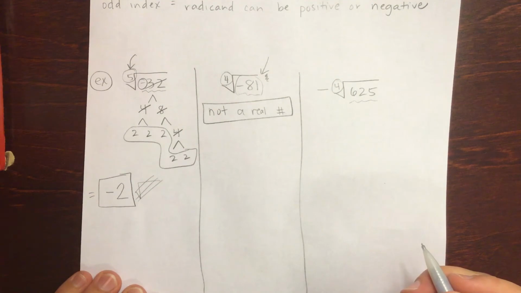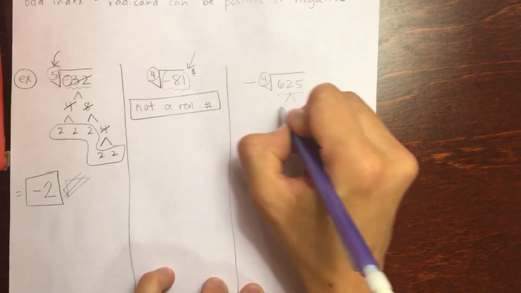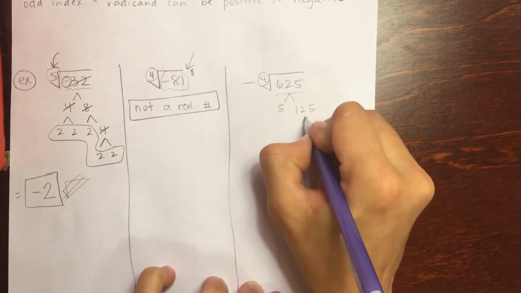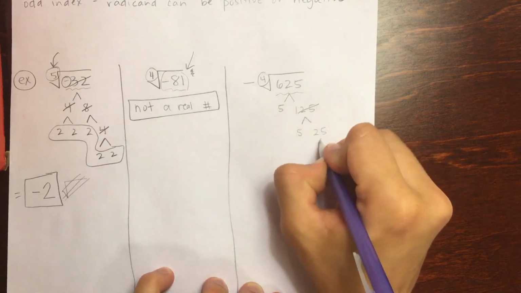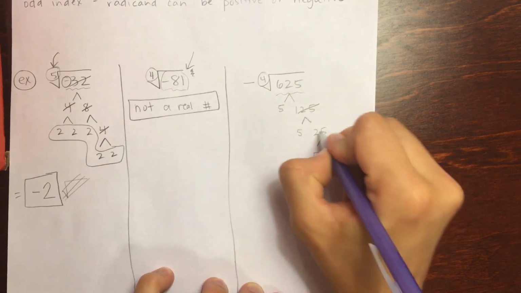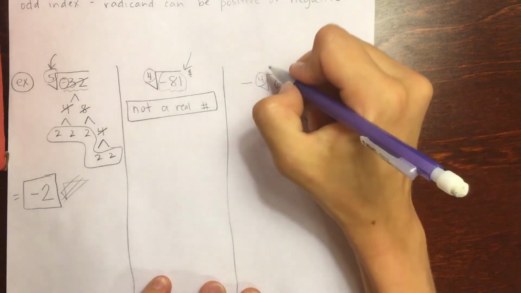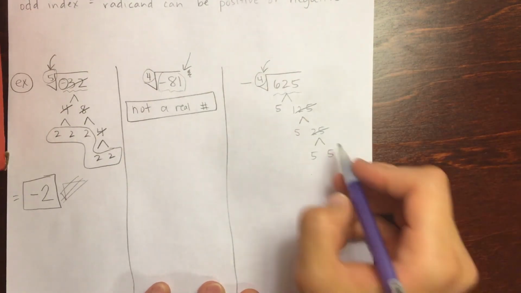That's it. For the last example, 625, I break it down, I can pull out a 5, another 5, another 5. No matter what you started with, it breaks down into 4 5's. Well, my index here is 4, so you need 4 in order to make a date.